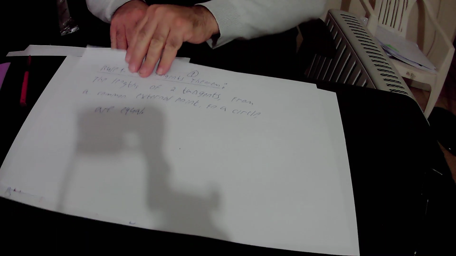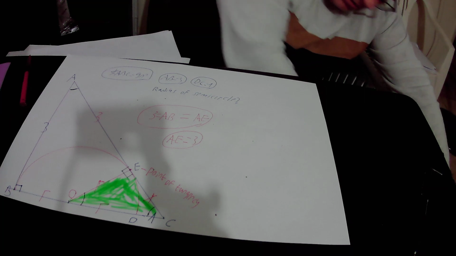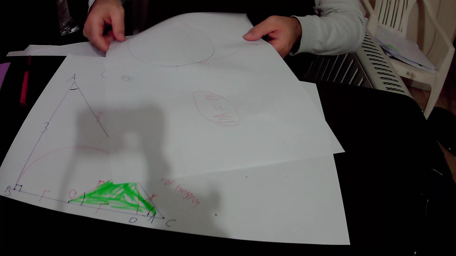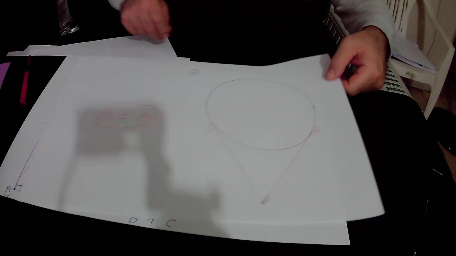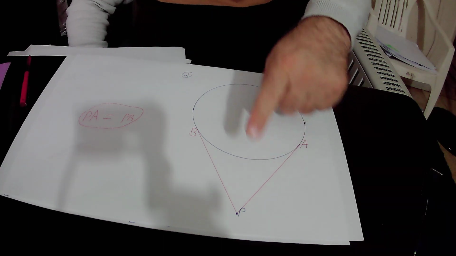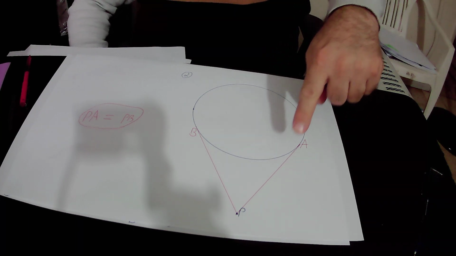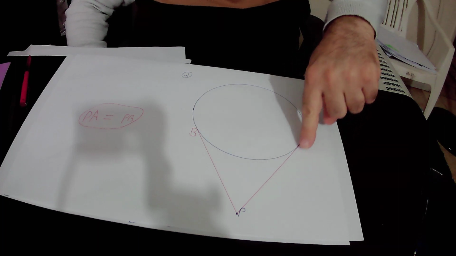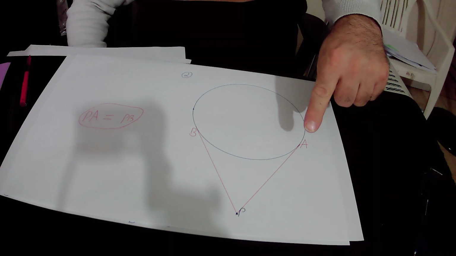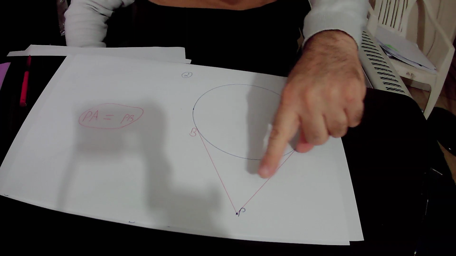The meaning of rule number 1 is that if we have this circle and an external point P, and from point P we draw two tangents to this circle, the first tangent and the second tangent, then the lengths of those two tangents will be equal to each other. That is to say, PA equals PB.